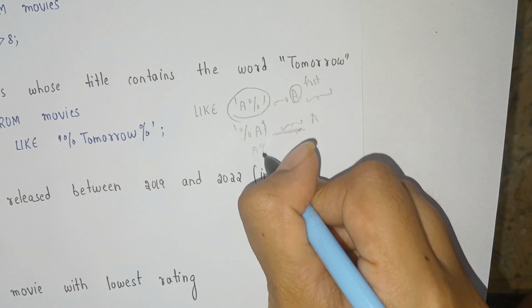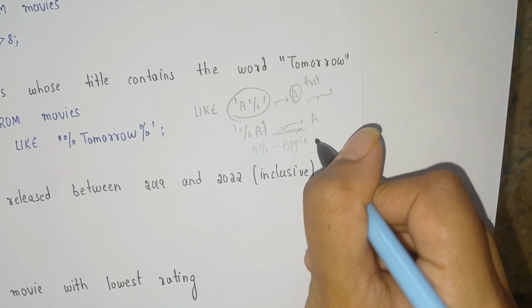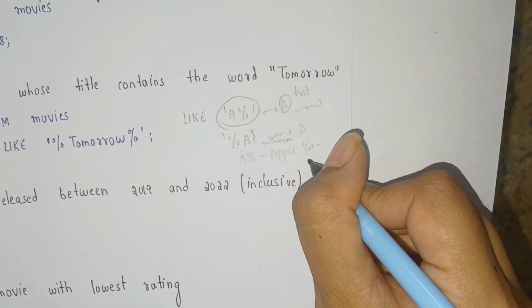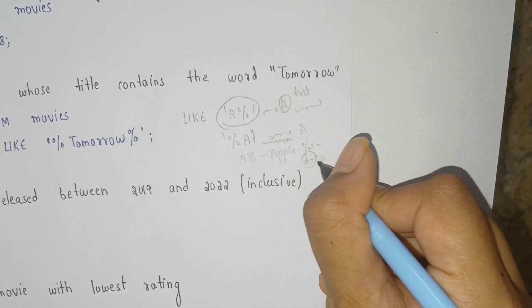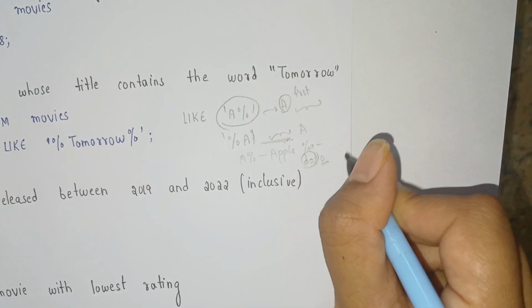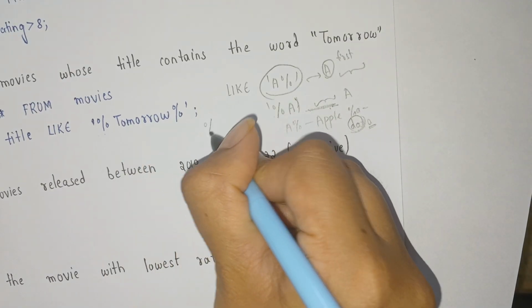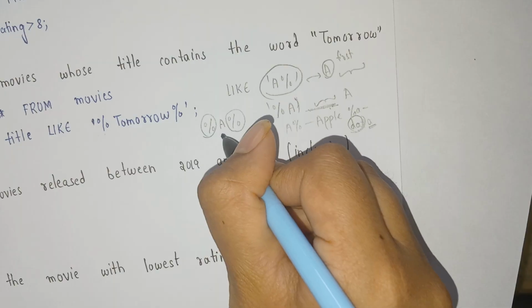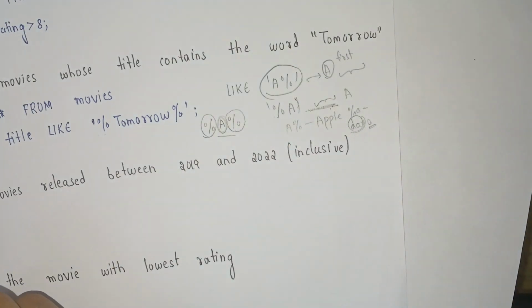In a similar way, if you give two percent signs like '%a%', it can start with anything and end with anything, but it should have the letter a in between.